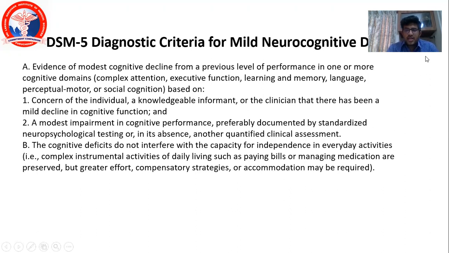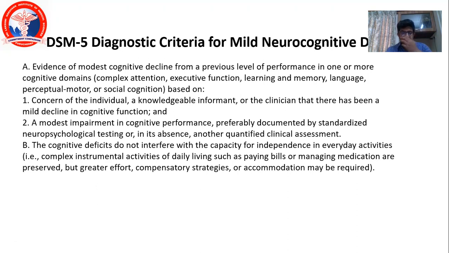This is what I had been discussing earlier about the MCI, mild neurocognitive disorder. There should be evidence of modest cognitive decline from the previous level of performance in one or more cognitive domains, based on the concern of the individual, an informant, or a clinician that there has been a mild decline in cognition. There should also be a modest impairment in cognitive performance, preferably documented by standardized neuropsychological testing or, in its absence, another quantified clinical assessment.